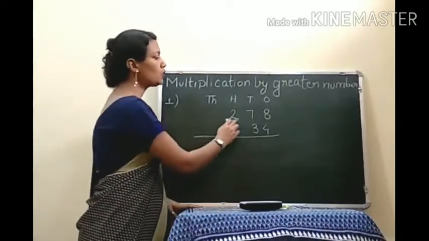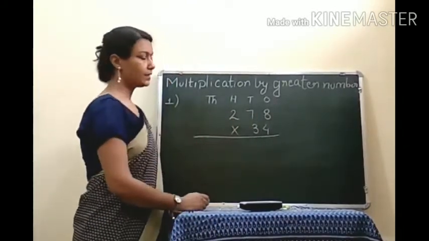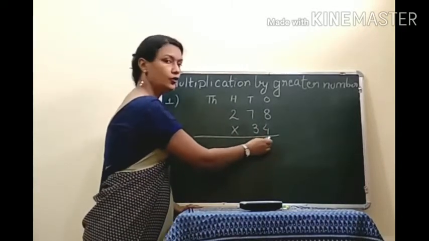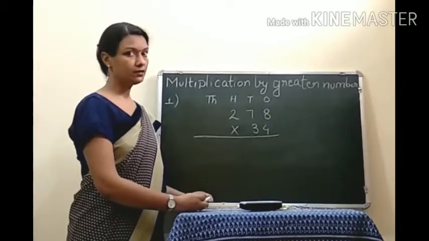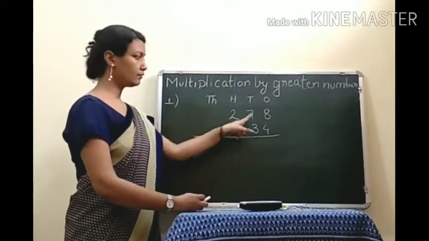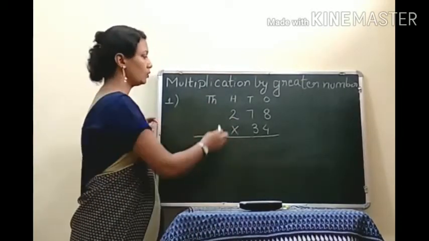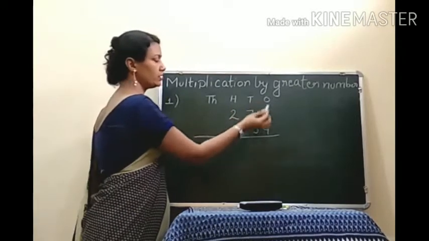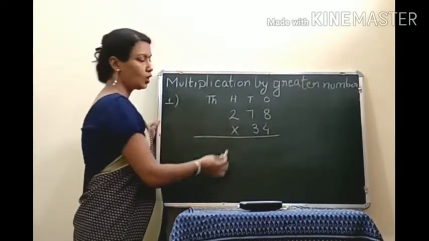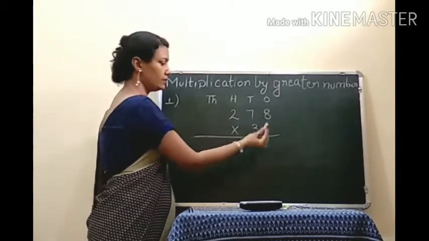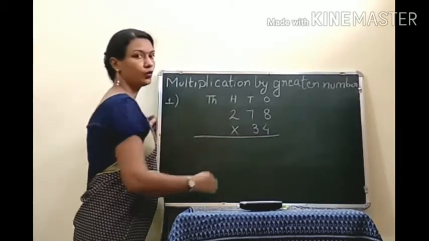Here, 278 multiplied by 34. First thing you need to do is align the numbers, like I have already aligned it. The place values are mentioned here: ones, tens, hundreds, thousands.